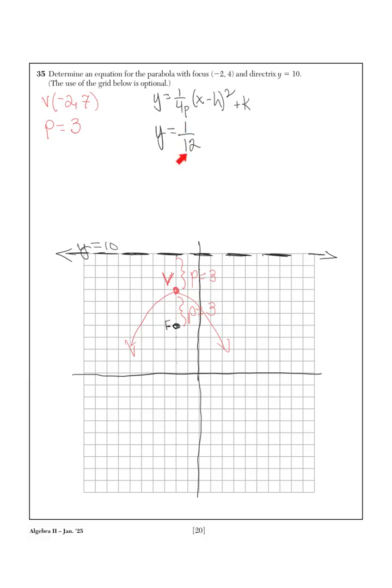So this 1/12 has to be negative because the parabola is going down. So don't just write 1 over 12. You must stick a negative in there. We'll make that nice and dark so you can see it. The h and the k are really just the coordinates of your vertex. But just remember, anything inside parentheses, you always change the sign. So the x coordinate is -2.